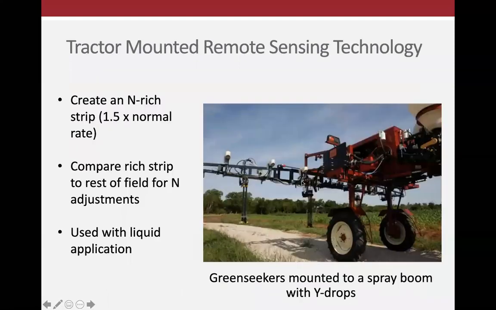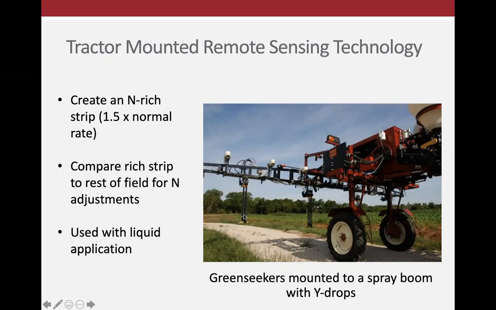So how this works, this is an example where you've got, say, nitrogen fertilizer liquid in this tank, and then you've got these GreenSeekers mounted on each, and this machine will pass through the corn row, and it will give you a real-time NDVI reading.